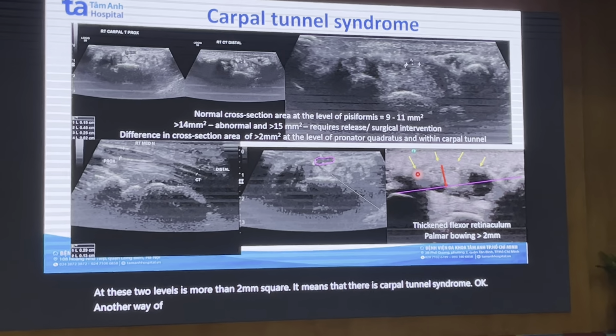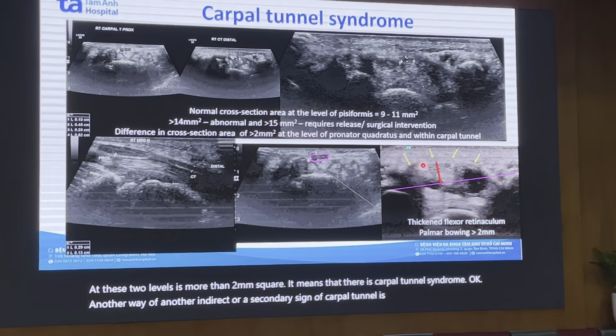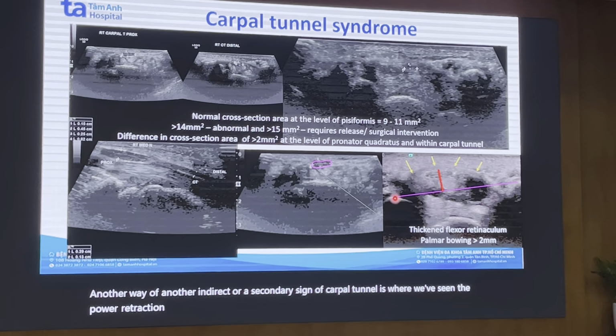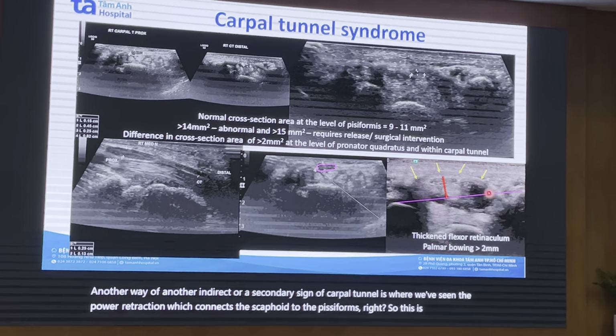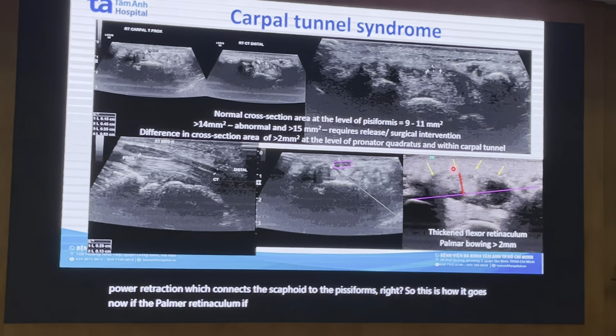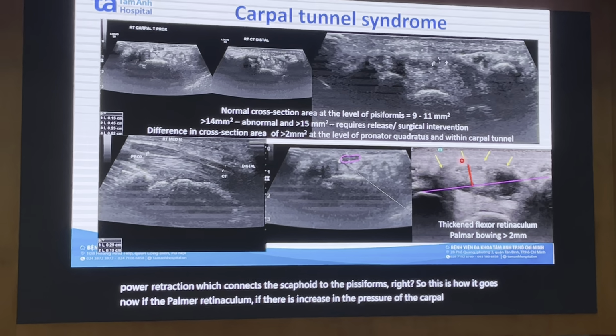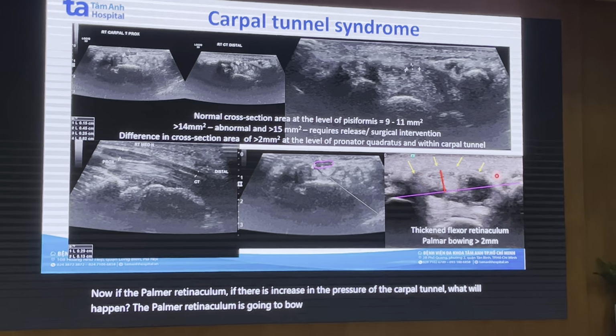Another indirect or secondary sign of carpal tunnel is where we've seen the palmar retinaculum, which connects the scaphoid to the pisiform, right? So this is how it goes. Now, if there is increase in the pressure of the carpal tunnel, what will happen? The palmar retinaculum is going to go upwards or become more superficial.